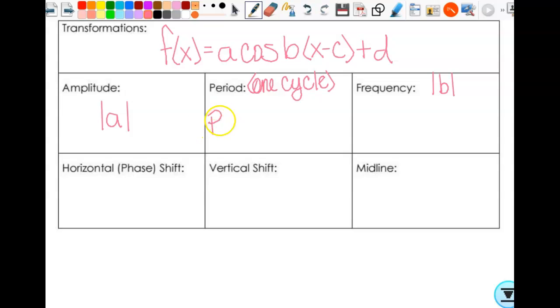So if I need to know what the period is, and I have the equation, that's going to be 2 pi divided by the absolute value of b. If I have the graph, so I know the period, but I need b to write the equation, then to find b, that's going to be 2 pi divided by the period.